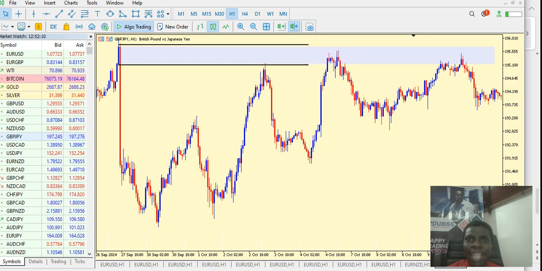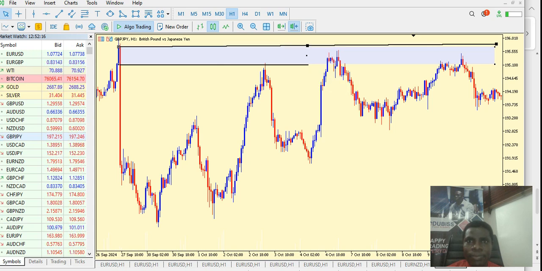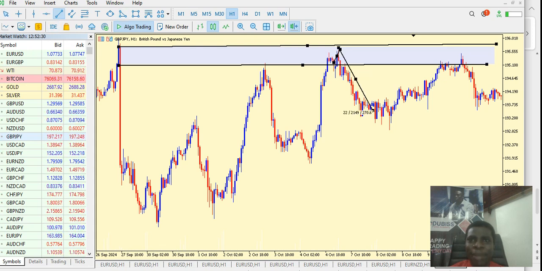In fact, this actually extended up to this point. This is it. So you can see how price tapped inside the zone, and what happened? Price moved down.